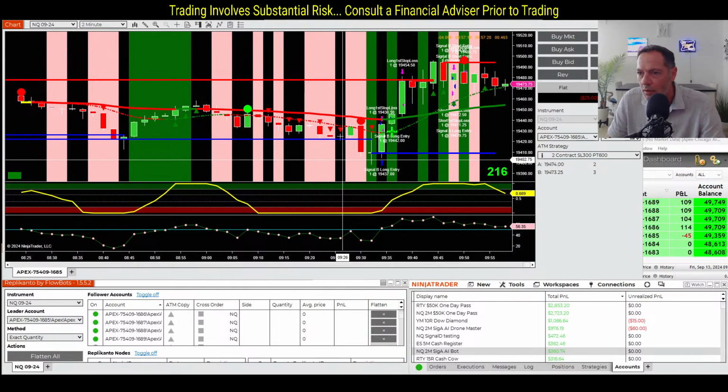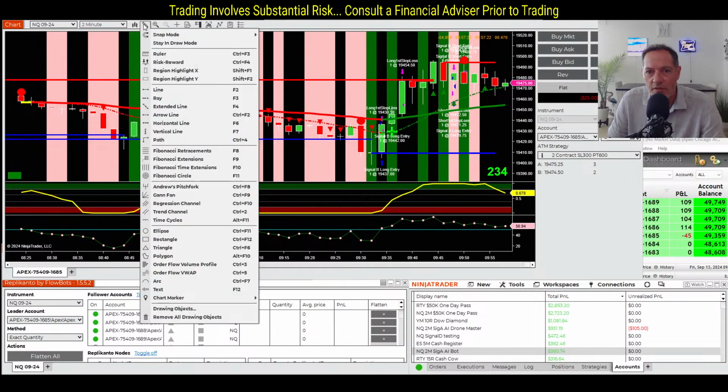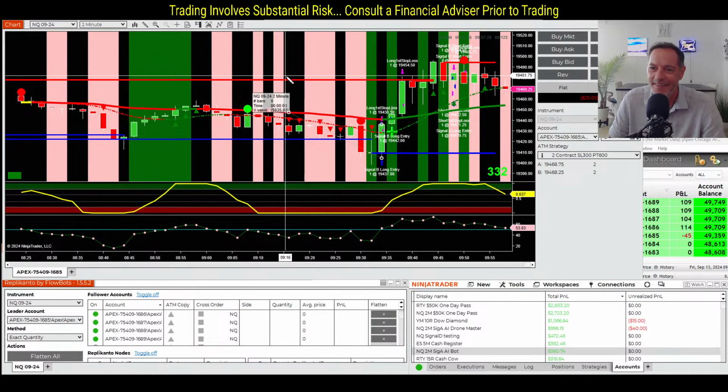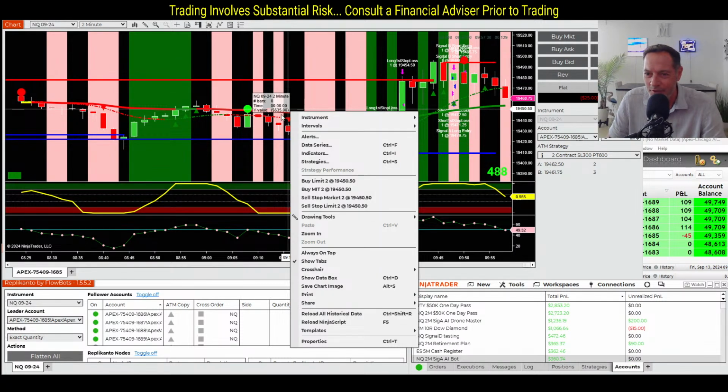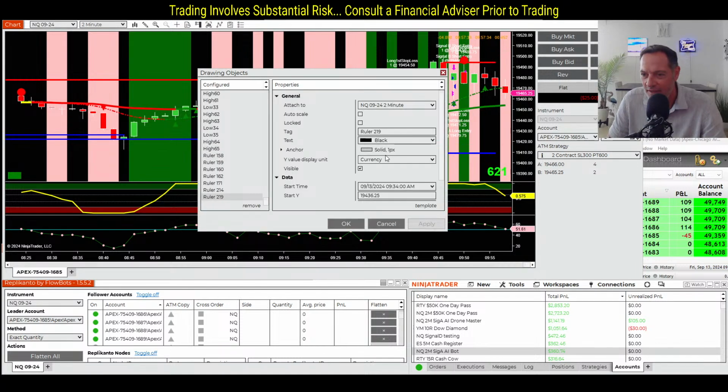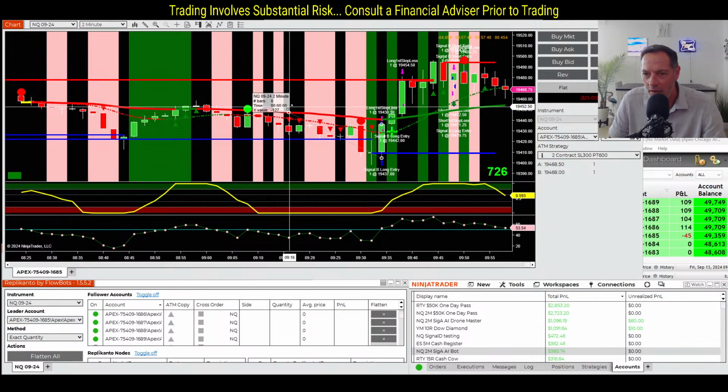Order filled. So let's look today so far. Order submitted. I've got my default showing values of money, but I just have to change it to ticks. So that move was 127 ticks.